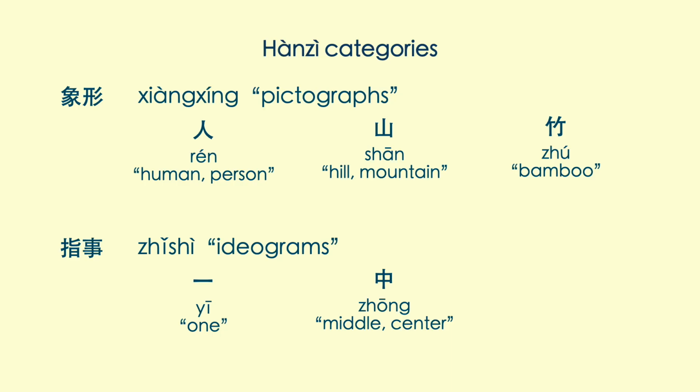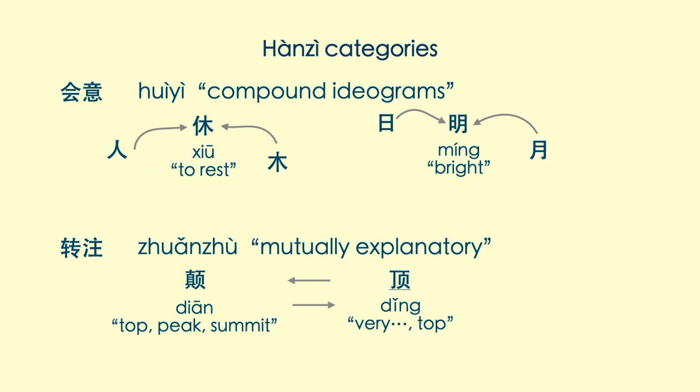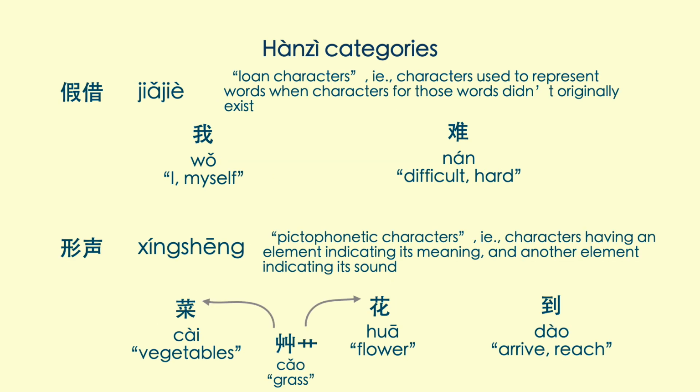Most Mandarin language references will group Hanzi into several categories: pictographs, ideograms, compound ideograms, mutually explanatory characters, loan characters, and pictophonetic characters, or xingshang.